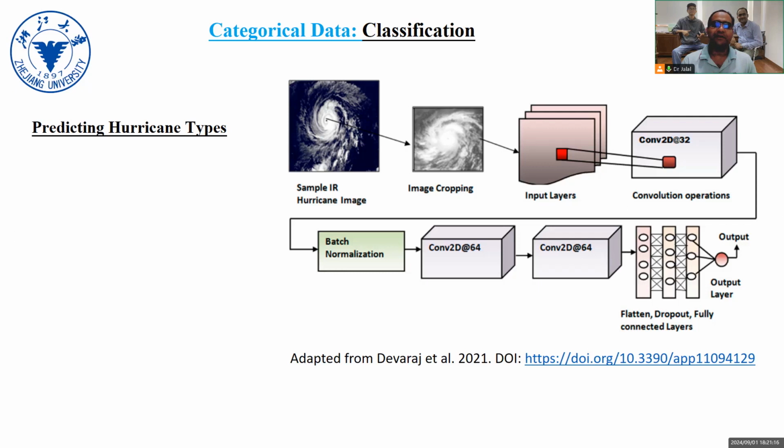You can also classify if you have an infrared image, like a satellite image. From the satellite image, you can also classify. So this is the classification.